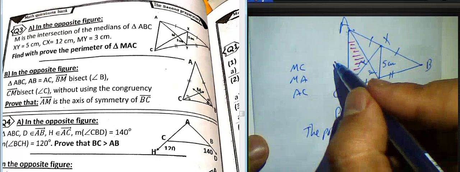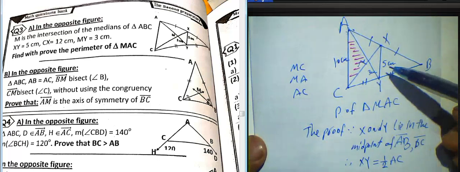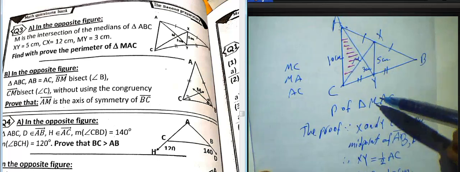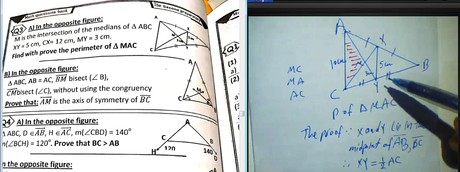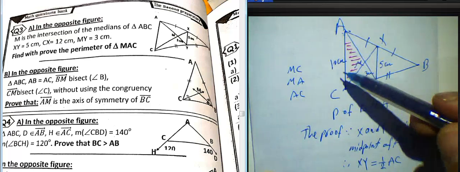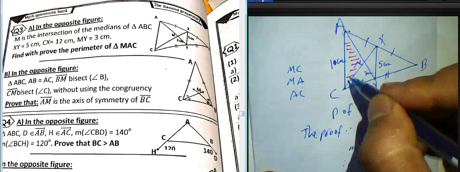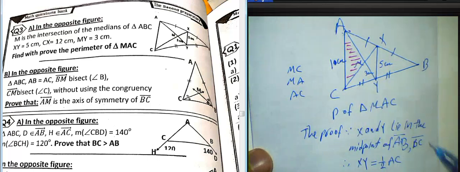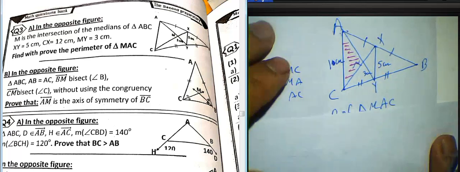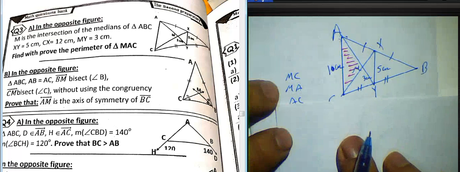First we get AC equals 10 centimeters because it's a line segment joining the midpoints of two sides in a triangle. So XY equals half of AC equals 10 centimeters. This side is 10 centimeters. You must write after me to know the steps.